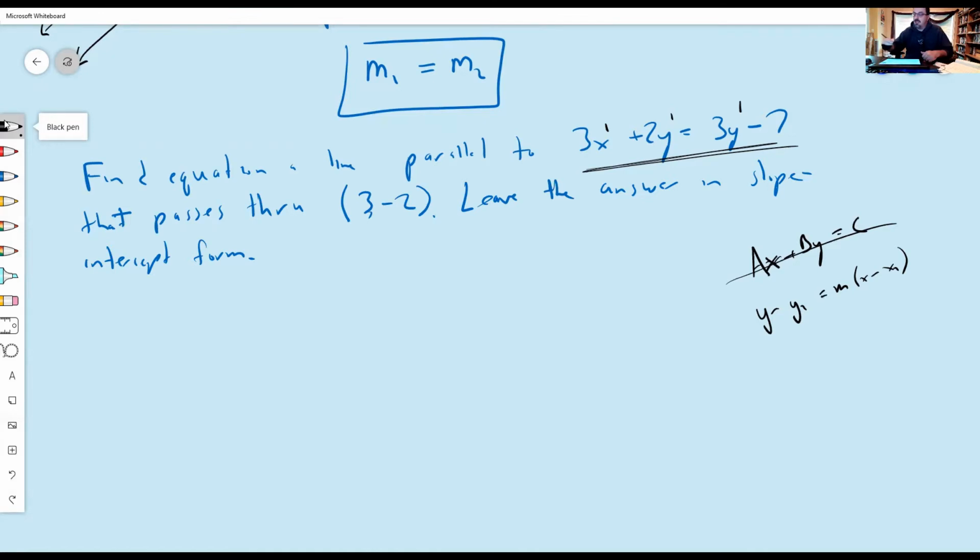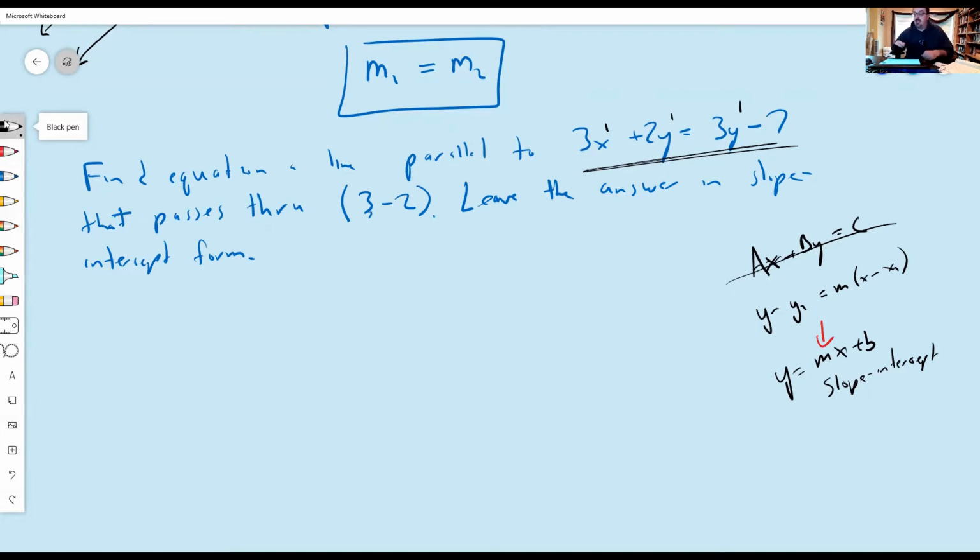But if I just want slope, it's best to put the line into y equals mx plus b, which is slope-intercept form. It is good for graphing lines and then identifying the slope and the y-intercept. So this is our slope.